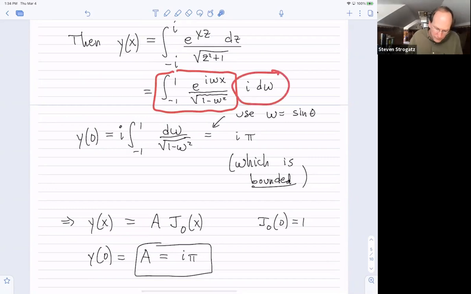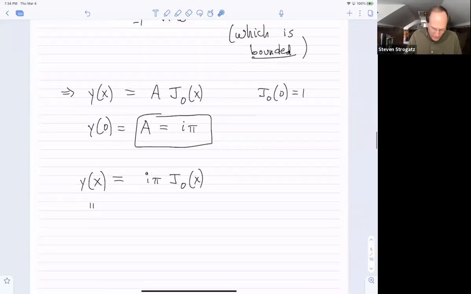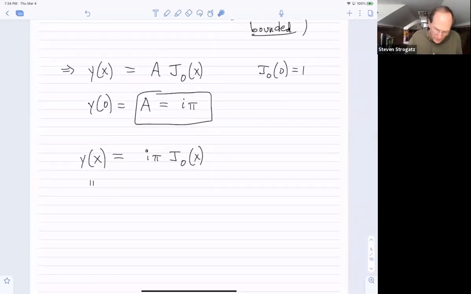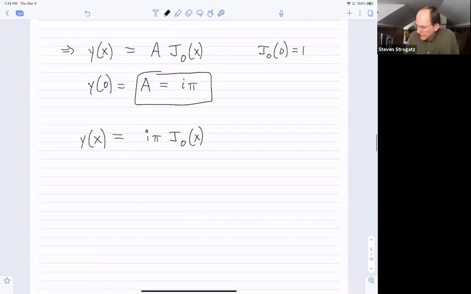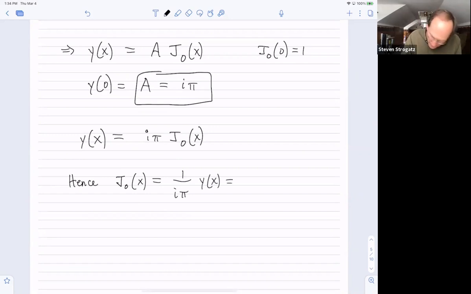Well, there too. So let's see. When you put everything together, maybe I should just go here. The conclusion after cleaning up this stuff is that we've just derived the representation J0 of x is 1 over i pi times the object I was calling y of x.